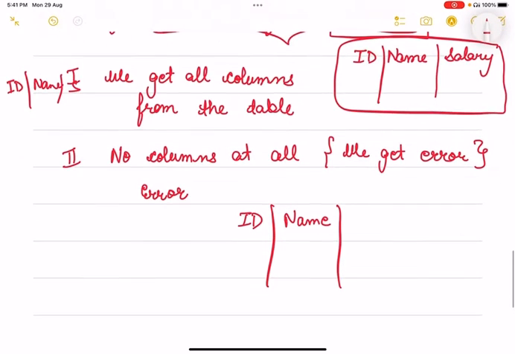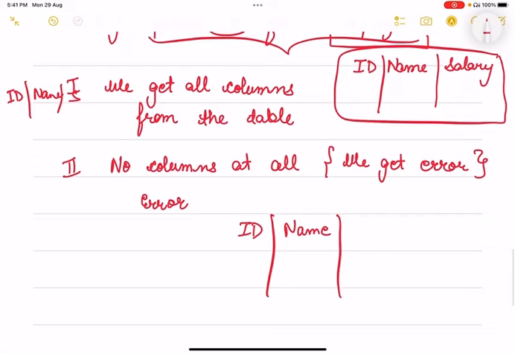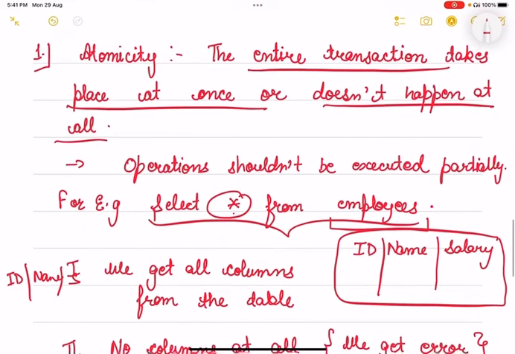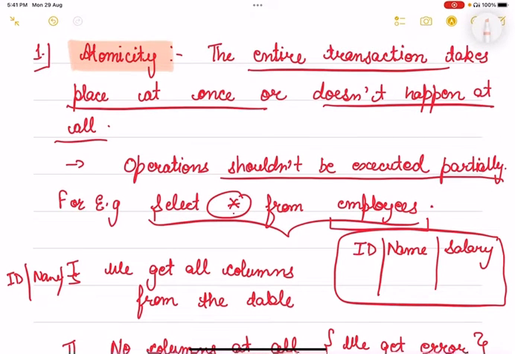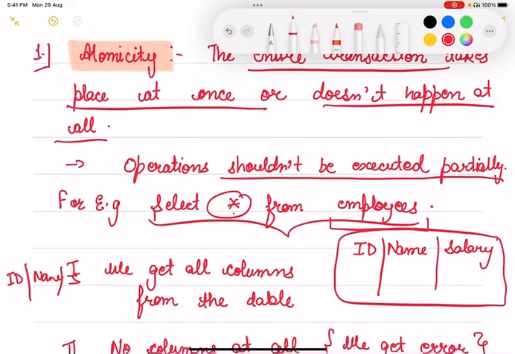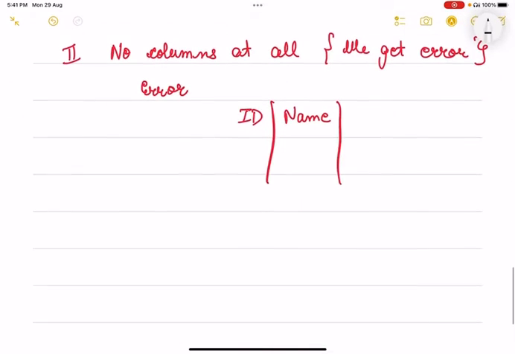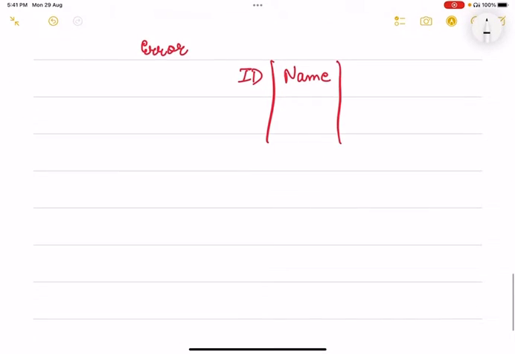So this is about atomicity. Either we will get all columns from the table or we won't get any column from the table. So the operation should not be executed partially. This was our atomicity property. Let's see our second property, which is consistency.